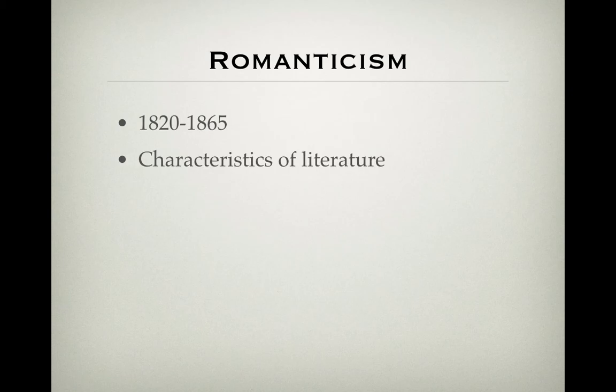So some characteristics of literature. We're not going to talk so much about the historical context as what's happening with Romantic literature. And first and foremost, we see an idealism. And if you do think about the historical context, this should make a lot of sense because, of course, in the late 1700s was the birth of America as a country, and it was an extraordinary birth.